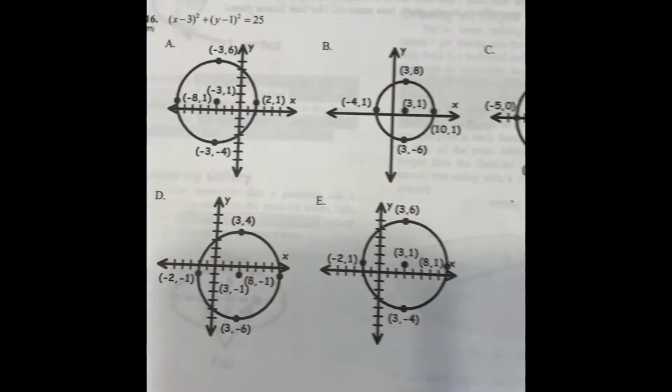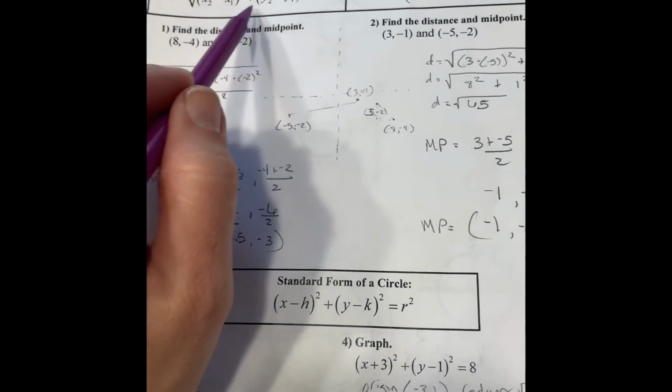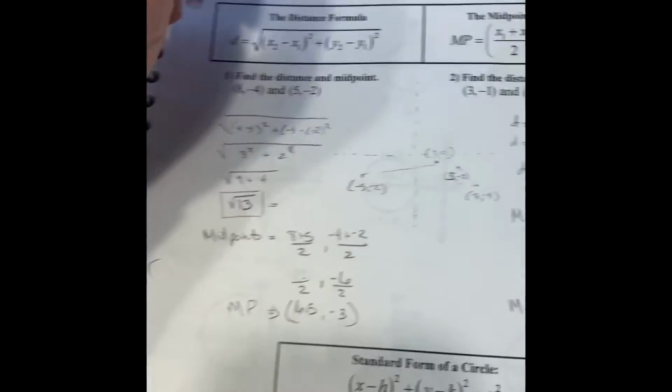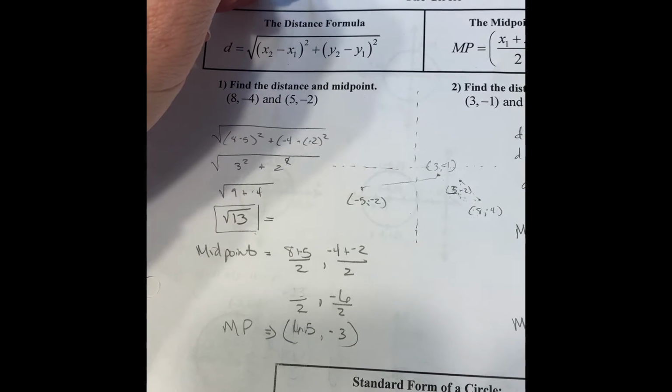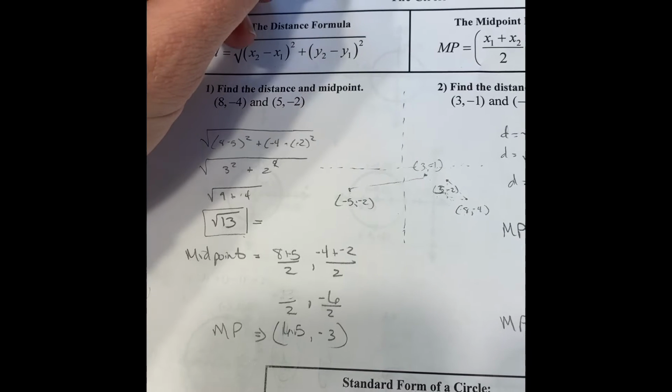So that's how you work through these problems. What I gave you also combines lesson 82, because we have the distance formula and the midpoint formula. You can go to lesson 82 to see more about that. Remember, our distance formula comes from the fact that we have a center and any point on this circle.